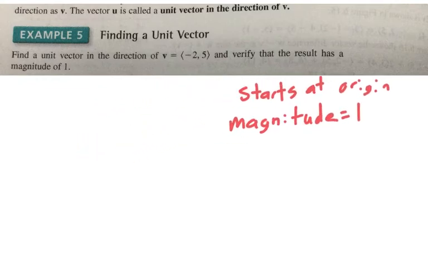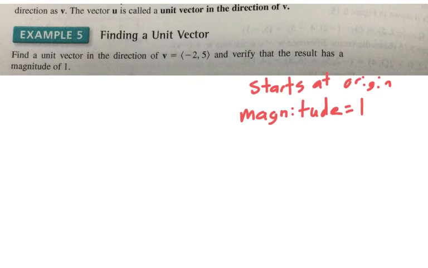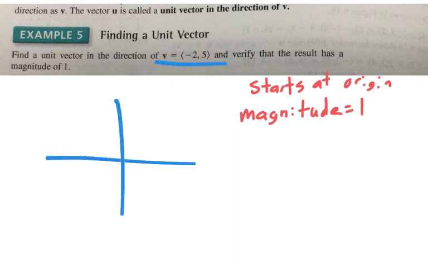Okay, so the way that we find a unit vector is, in this particular case, this vector is at -2, 5. That means I go left 2, up 5. There's my vector. A unit vector keeps the same direction, but we're just going to shrink the magnitude.